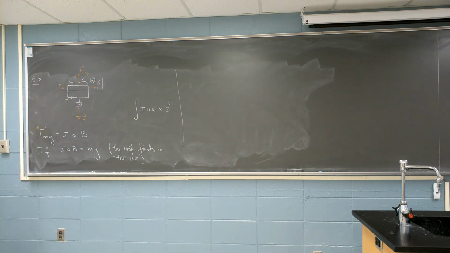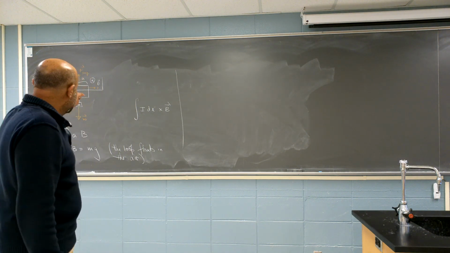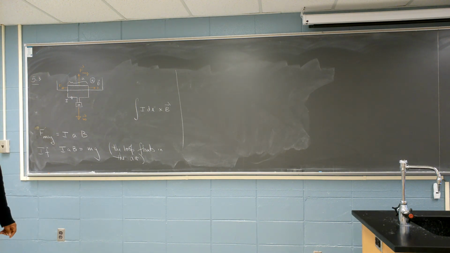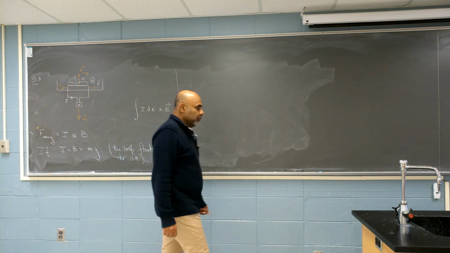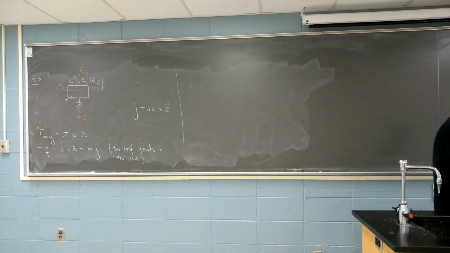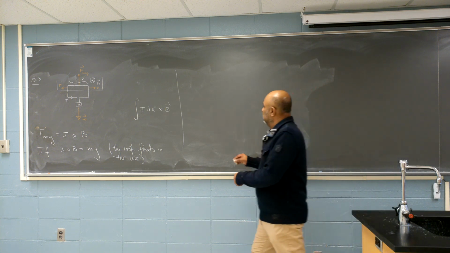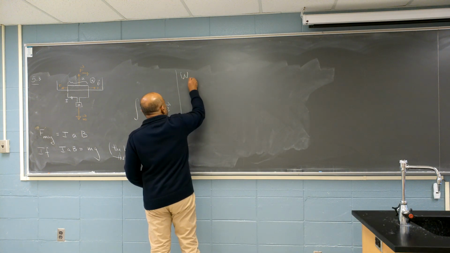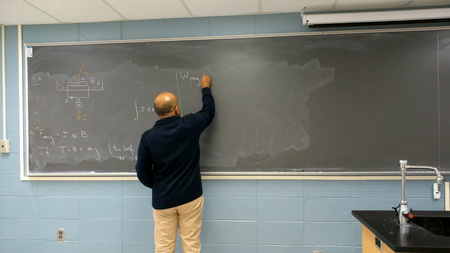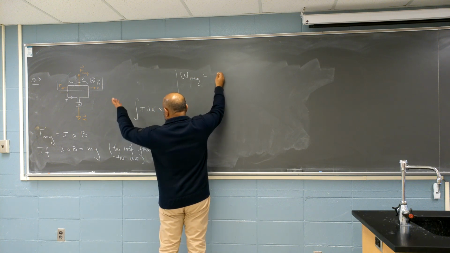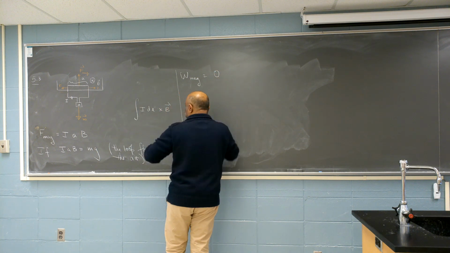That's the region where the magnetic field exists. That is simply to avoid unnecessary complication. And we have also seen that the work done by the magnetic field, the magnetic force, is 0.